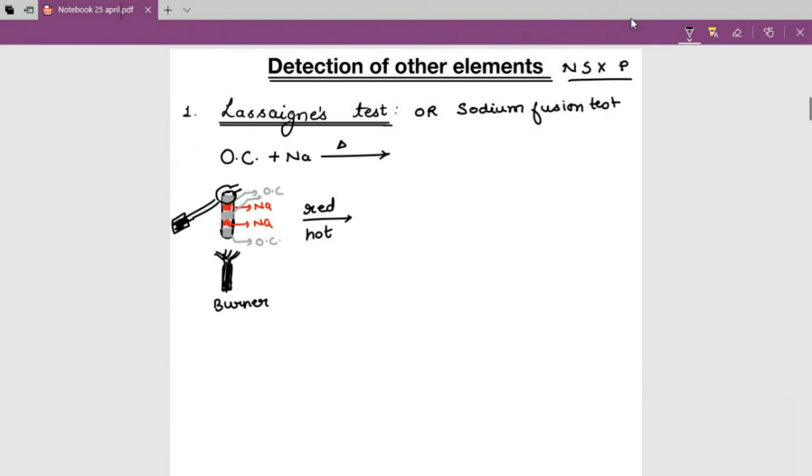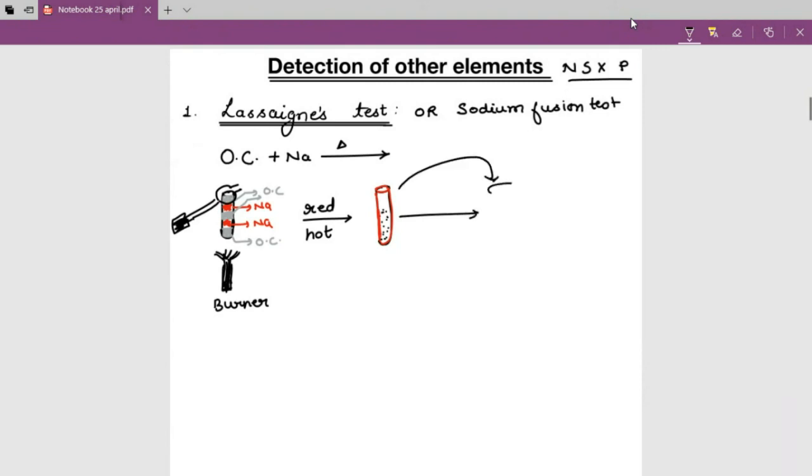It will appear red. This whole thing will melt, and you will find a colorless liquid type thing present here. It becomes red.